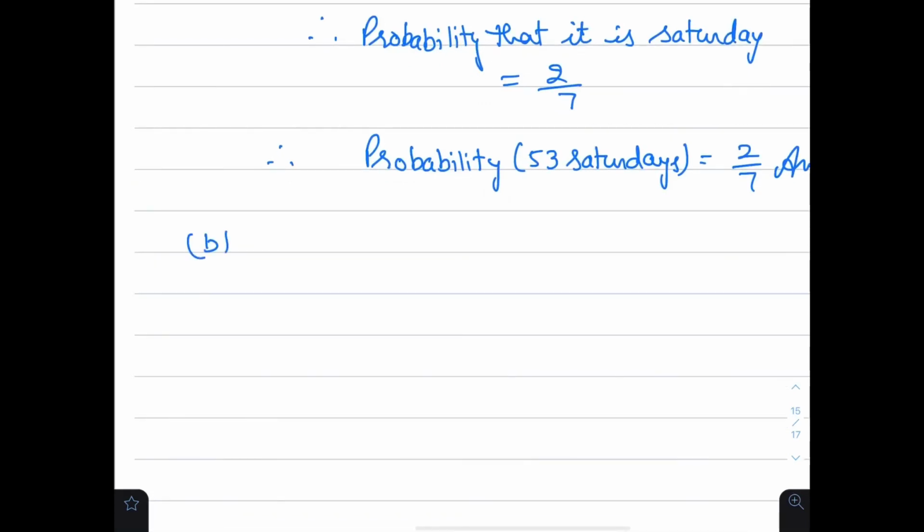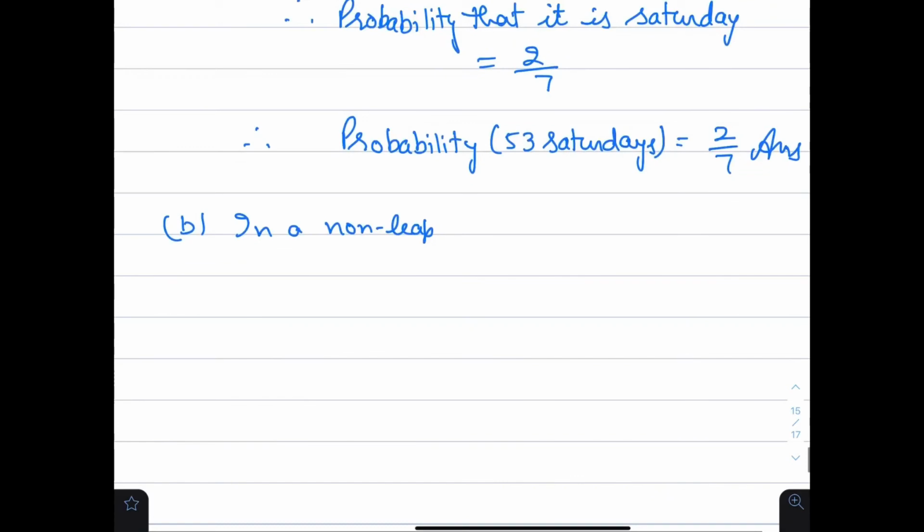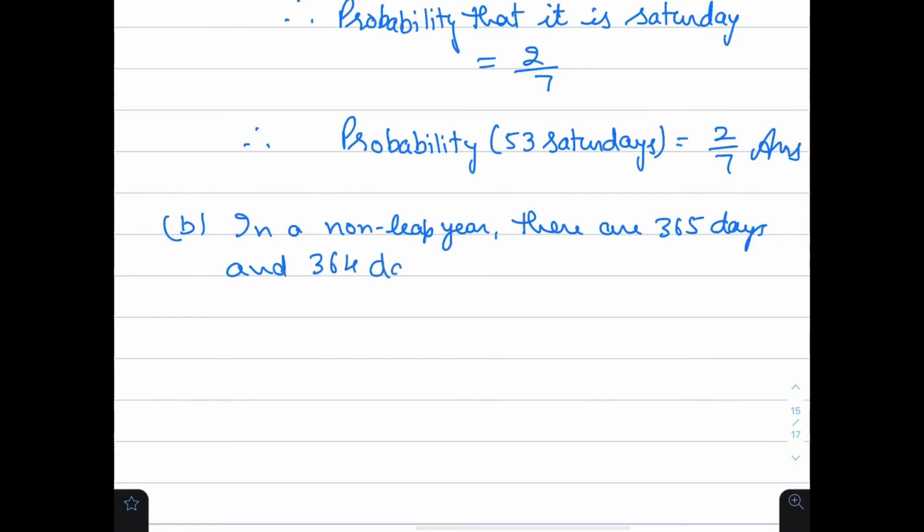Okay. Next, there are 53 Sundays if the year is a non-leap year. In a non-leap year, there are 365 days and 364 days make 52 weeks.